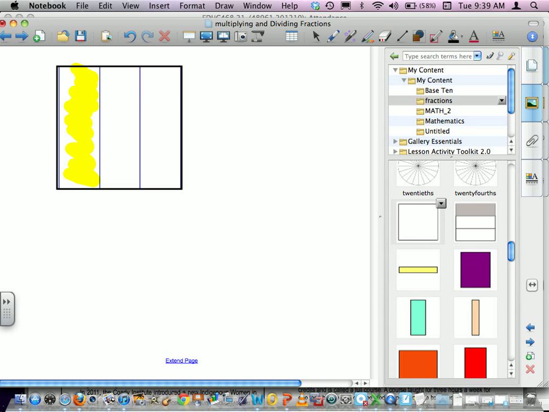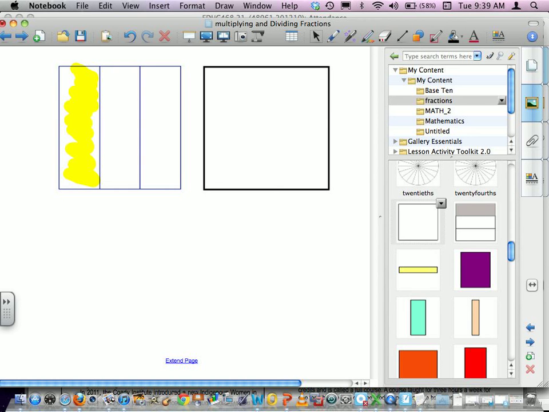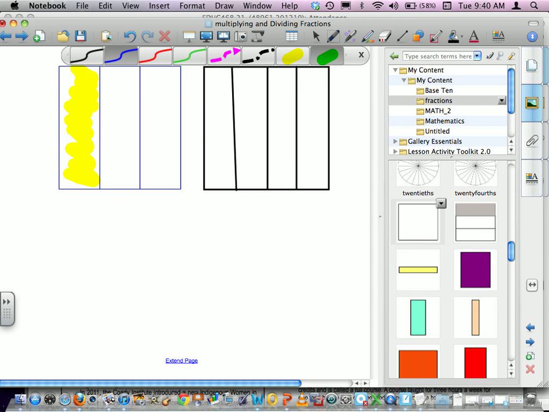I'm just going to grab it, pull it over here, and we are going to break this up into quarters. You already have this one made, so give me a second while I make mine. Again, I'm going to take my highlighter, use this one in green, and shade a quarter.